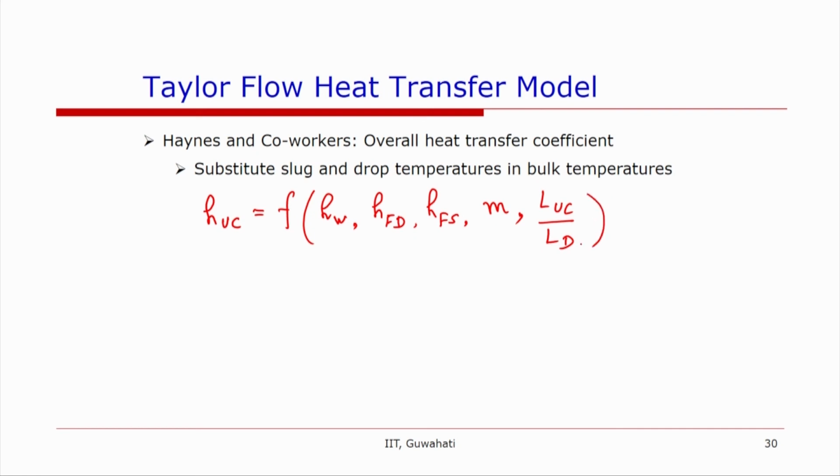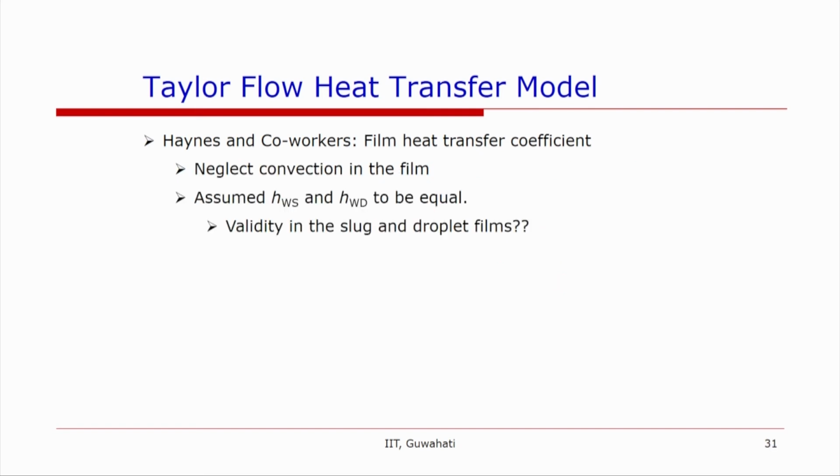So, these are the factors, and we can know these from the characteristics of the flow. Now, what we need to know are these 3 coefficients H_W, H_FS and H_FD, and if we know them, then it becomes a closed system and we can calculate the overall heat transfer coefficient for the Taylor flow regime.